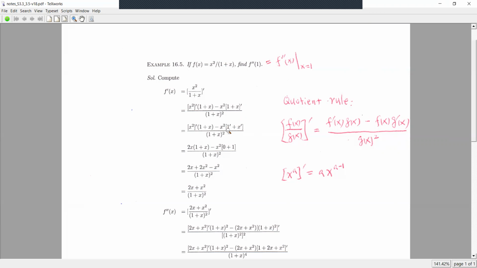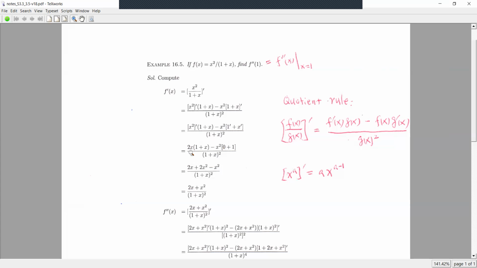Derivative of 1 is 0. And derivative of x is 1. This is the result of the derivative of function f. Because we need to take the derivative again, it is good to simplify this result so that our following computation is easier.